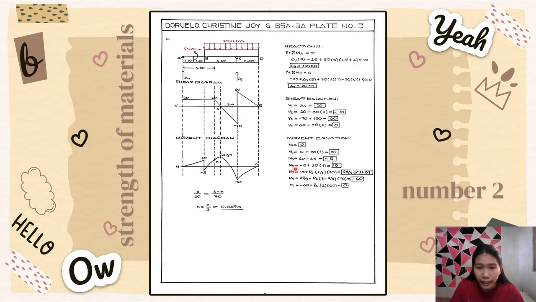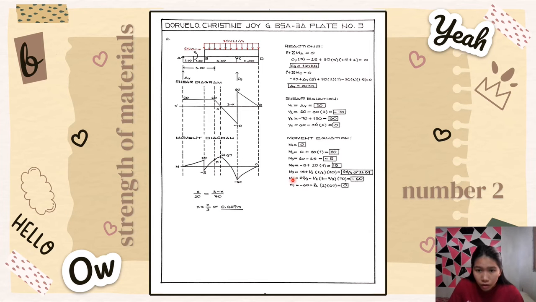And for the moment 3 is equal to 20 minus 25, is equal to negative 5. So we got negative 5 downward. So here. And for the M4, or moment 4, is equal to negative 5 plus 20 multiplied by 1, is equal to 15. So we got 15 upward here.